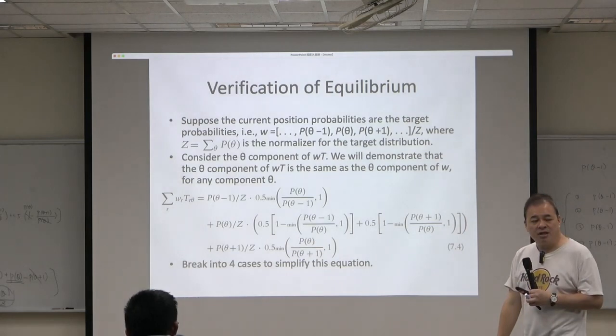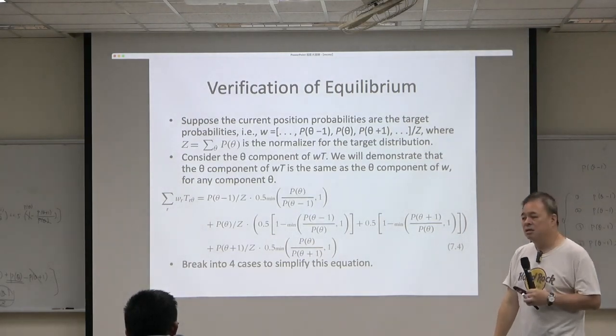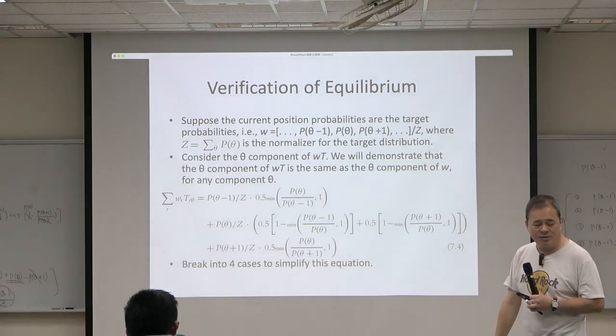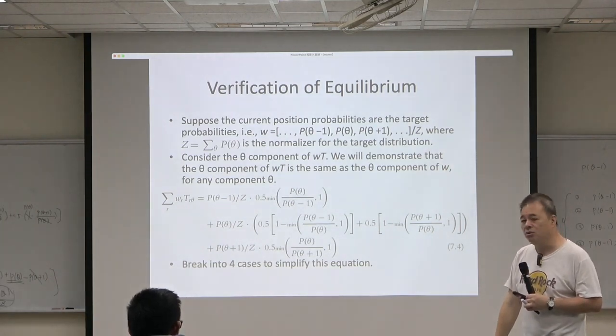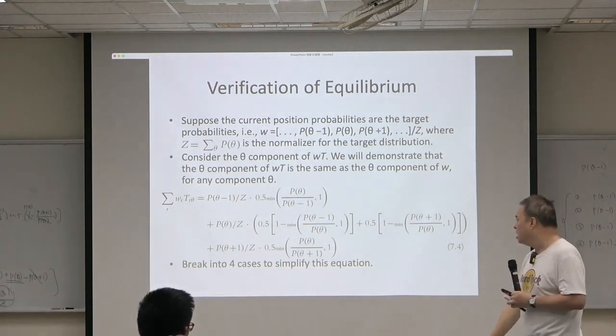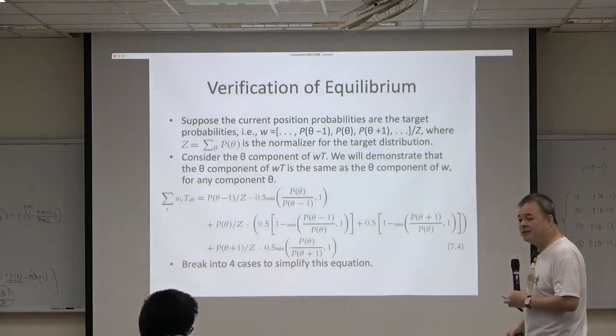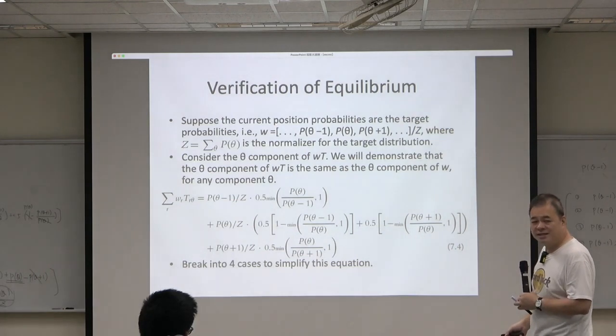Or you can say it's the posterior distribution value at each location, whatever you call it. And why do we need to add a divided by z? Because we want to normalize it. The z is the normalizing term, by the way.